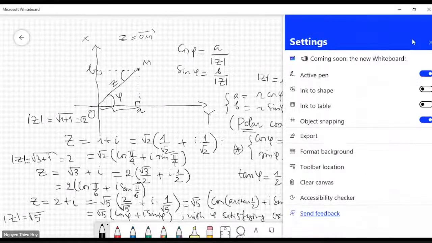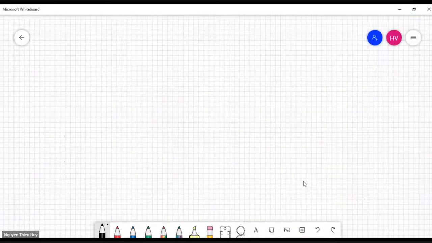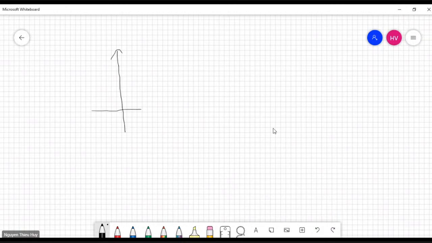Okay, so I delete this, and look at what we have here. You have two complex numbers that are the same. This means they are represented by the same vector here.